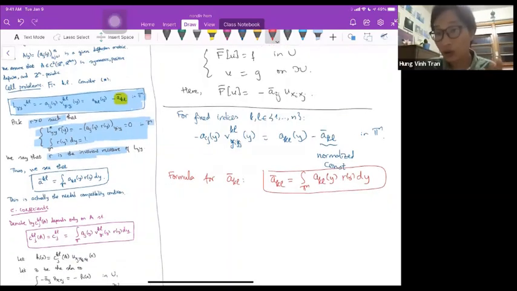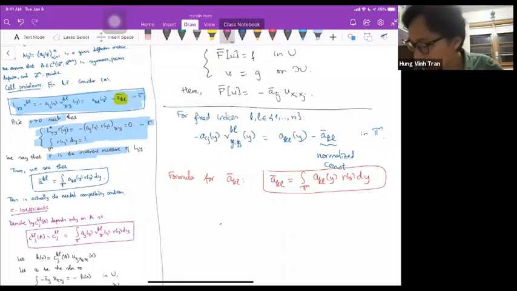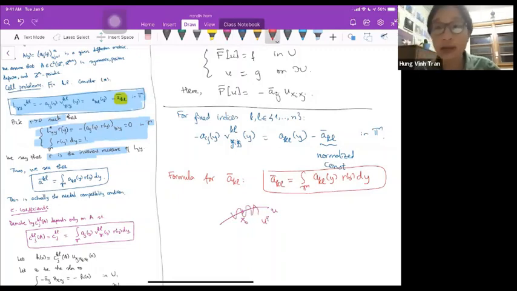Locally, if you do expansions around a point x naught, u is the macroscopic function, and u epsilon oscillates around u.